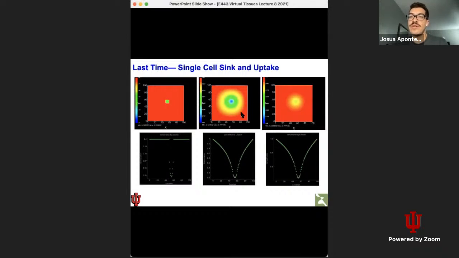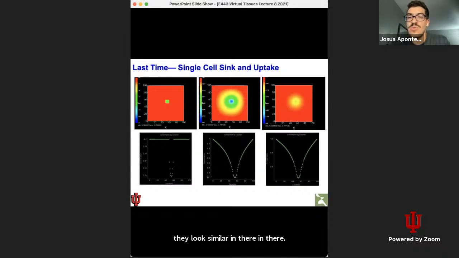Quick question: in which of these is the cell taking more of the chemical field? Any guesses? You can look at these plots too. Even though they look similar in their shape, the scales are different.